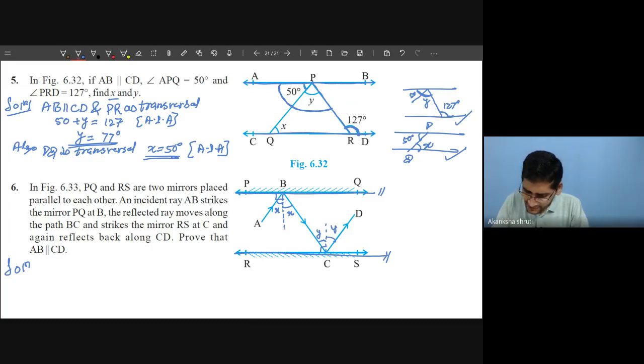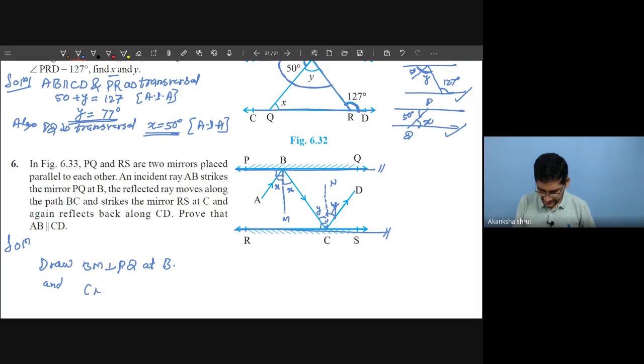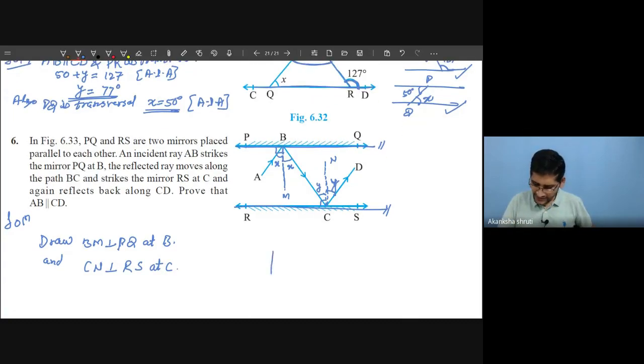But students, in this case, the perpendiculars that we are drawing, consider them as BM and CN. Draw BM perpendicular to PQ at B, and CN perpendicular to RS at point C. Now observe, one is vertically upward, and the other is also vertically upward.